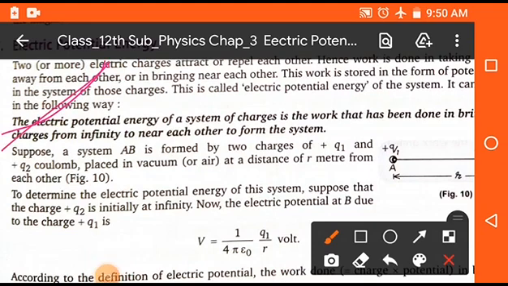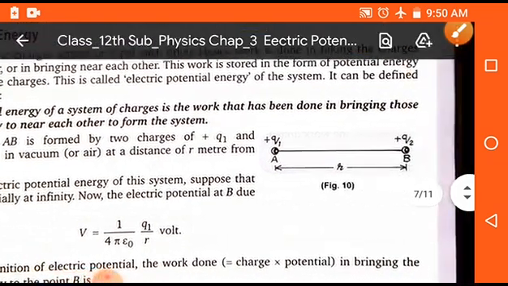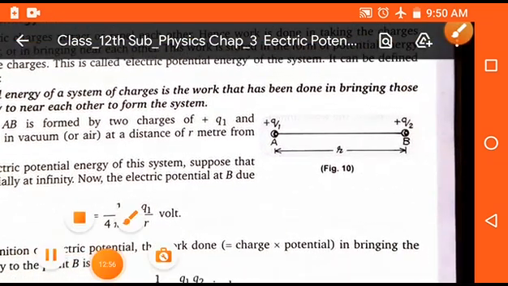The electric potential energy of a system of charges is the work done in bringing the charges from infinity to near each other to form the system. It means that electric potential energy and electric potential are almost the same. In the same way, we have to do some work to carry a charge from infinity to a point inside the electric field. From the figure you can see that it is a combination.